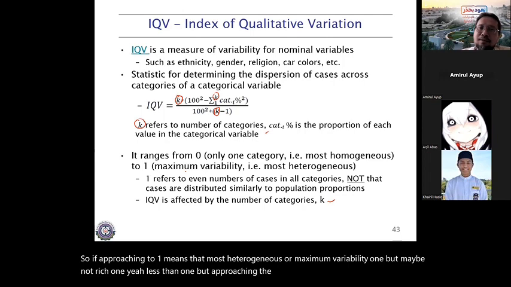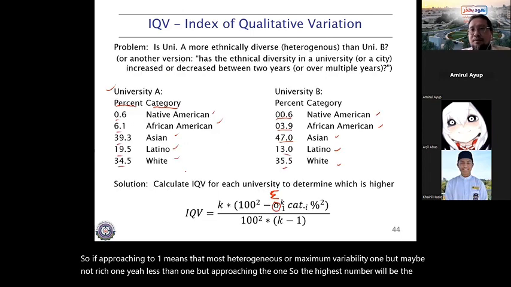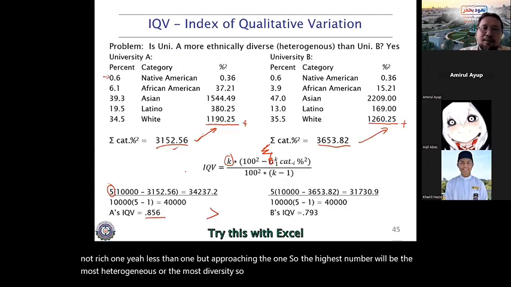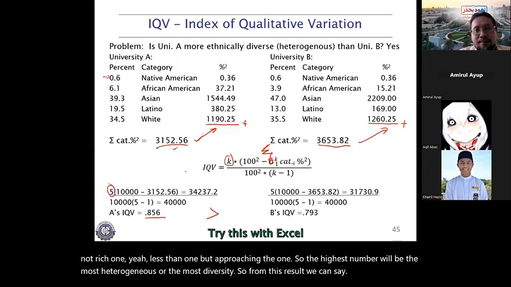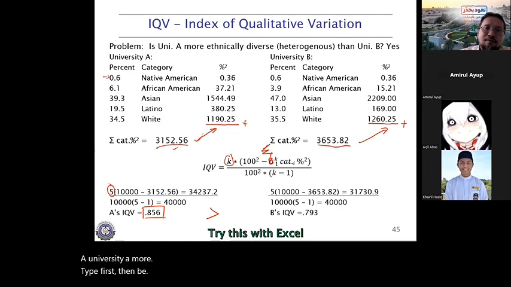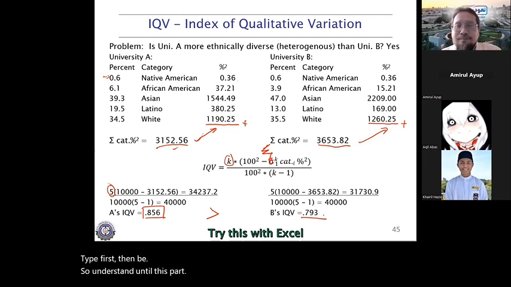So the highest number will be the most heterogeneous or the most diverse. So from this result, we can say University A is more diverse than B, right? Okay. So do you understand until this part? Yes, sir. Very good.